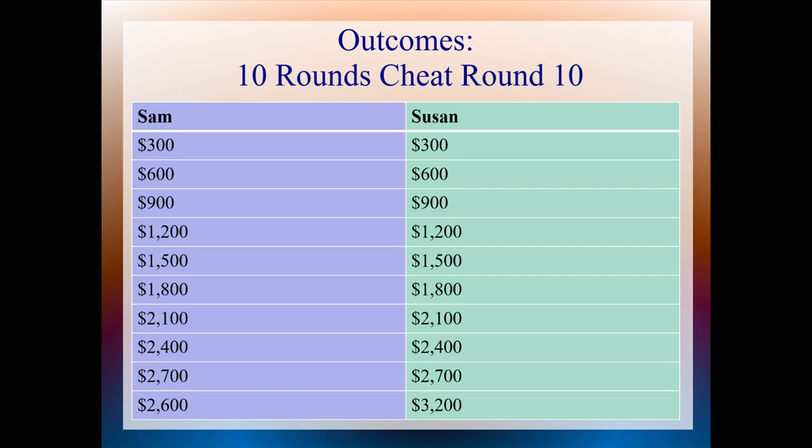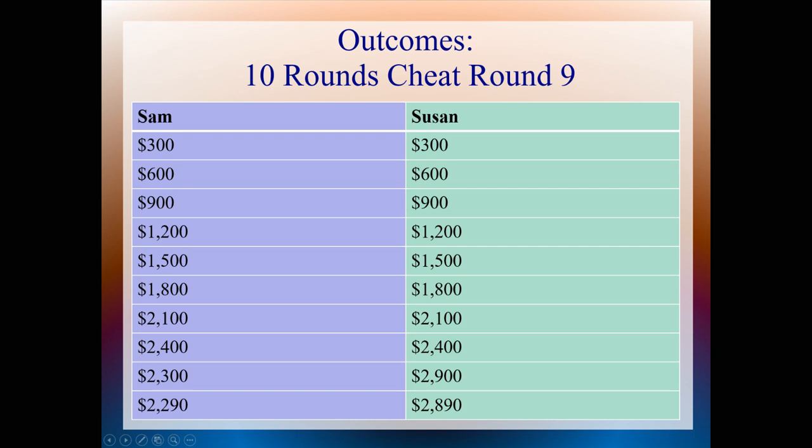Okay? But let's suppose that Sam is thinking the same thing. What if she's going to go along and then in round 10 she's going to cheat me? So what I ought to do is cheat her a round earlier, at round 9.